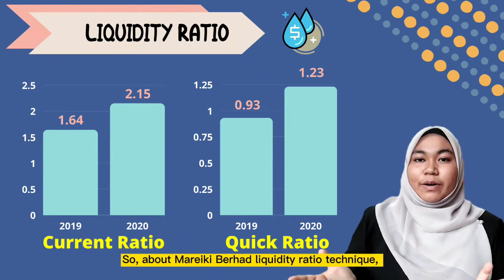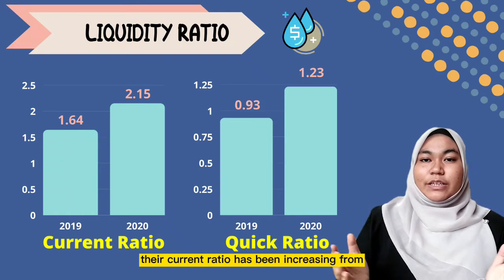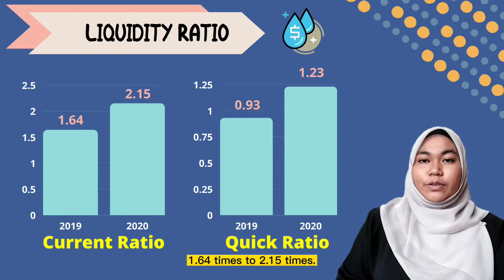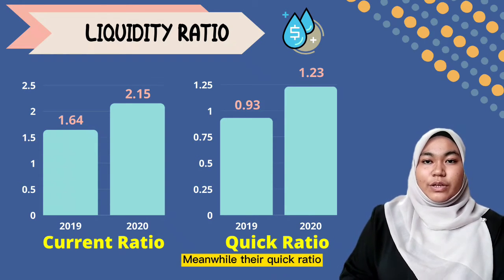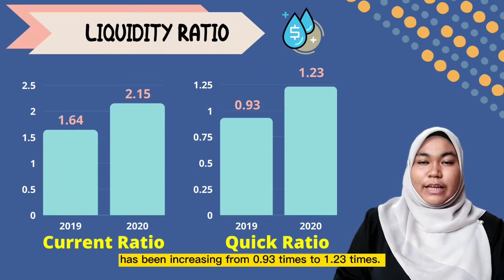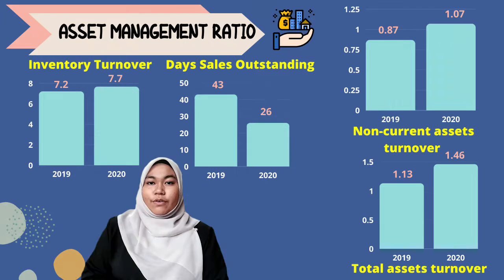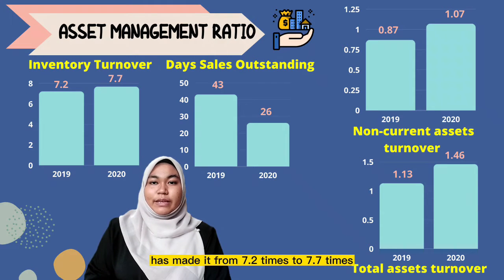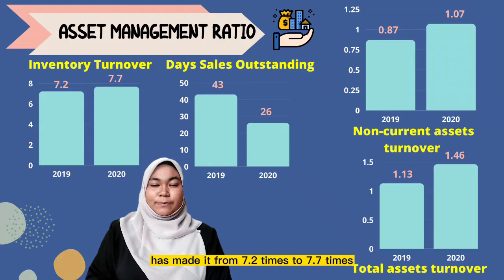So, about Mariki Berhad's liquidity ratio technique, their current ratio has increased from 1.64 times to 2.15 times. Meanwhile, their quick ratio has increased from 0.93 times to 1.23 times. Next, for asset management ratio, the inventory turnover has gone from 7.2 times to 7.7 times.